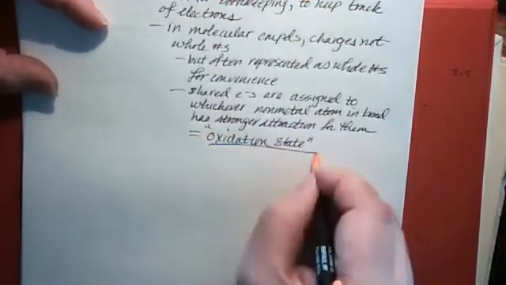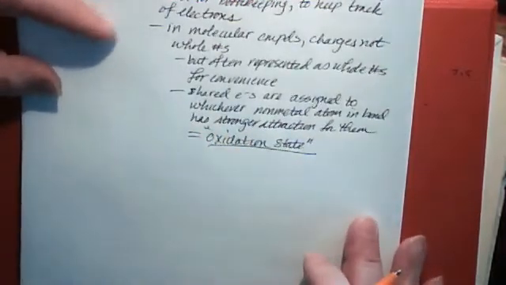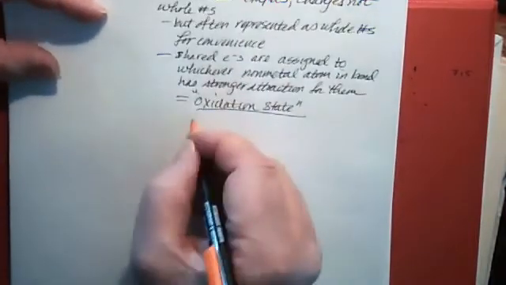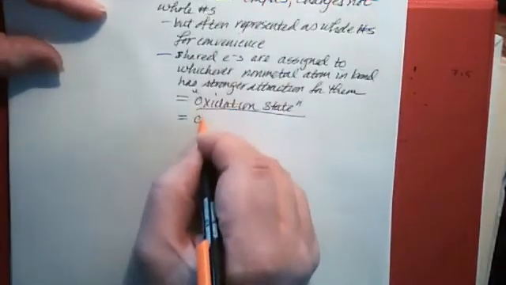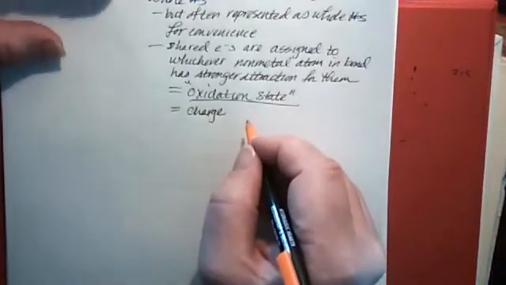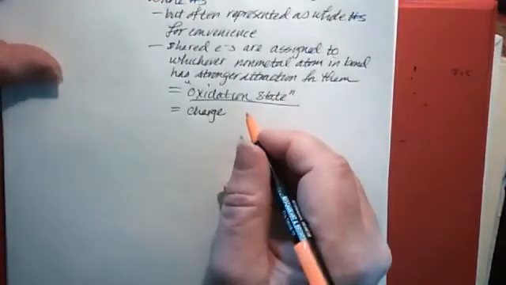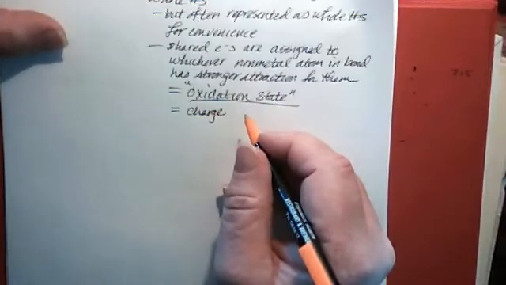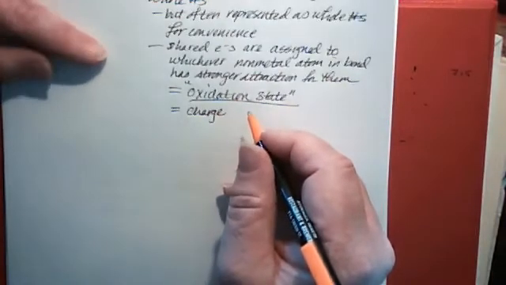And that hypothetical charge is known as an oxidation state. You can also think of an oxidation state as the charge an atom would have if all the shared electrons were assigned to the atom with the greater attraction.